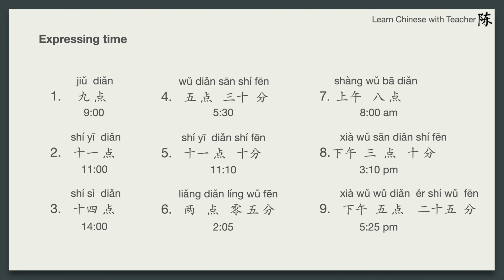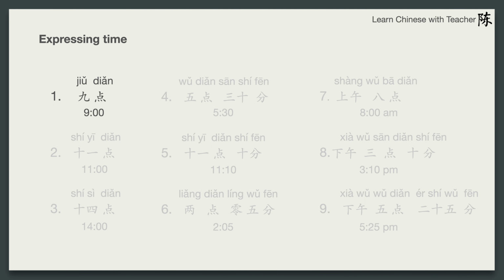Now we'll learn how do we express time in Chinese. 请跟我读9点、11点、14点。点 means o'clock.